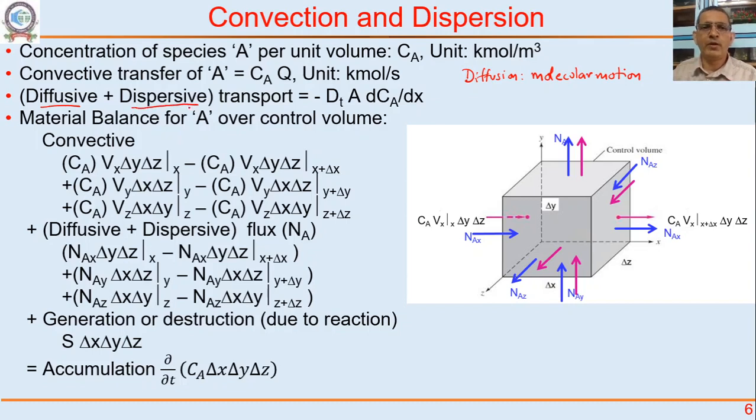Second thing we are talking about is dispersive, meaning turbulent motion, turbulent dispersion. So just like diffusion, we characterize by diffusivity, and sometimes it is also called diffusion coefficient.